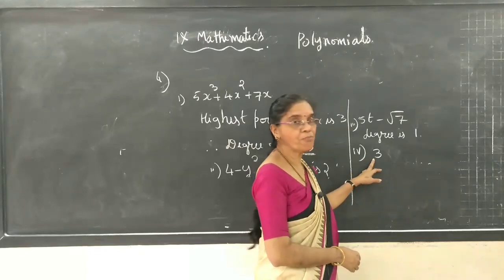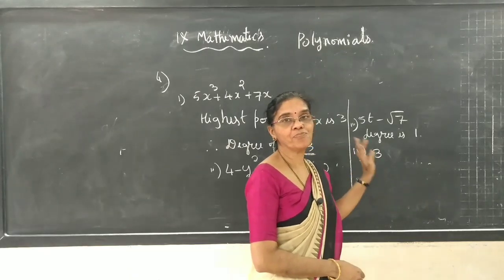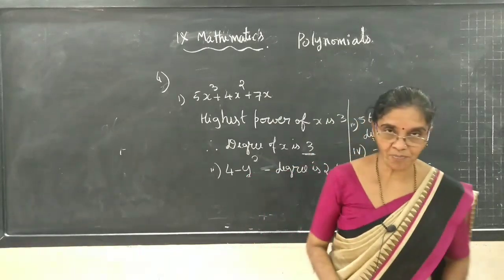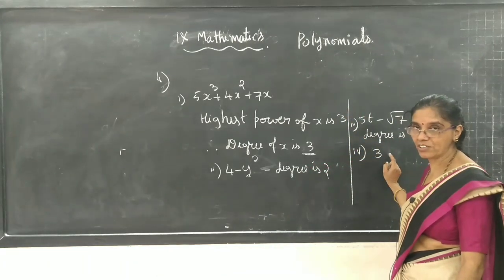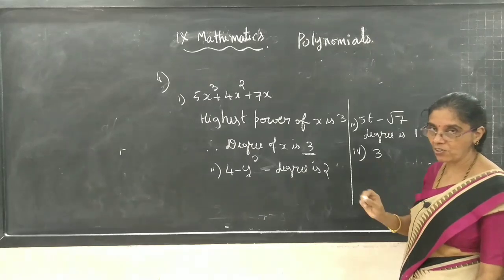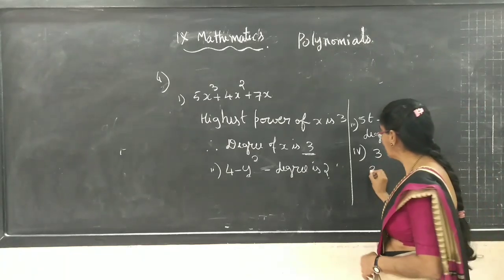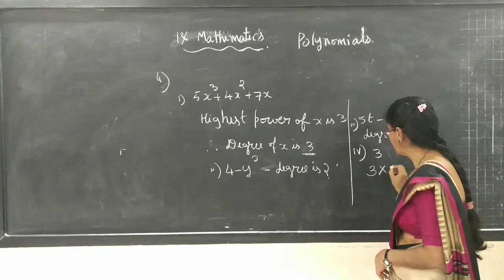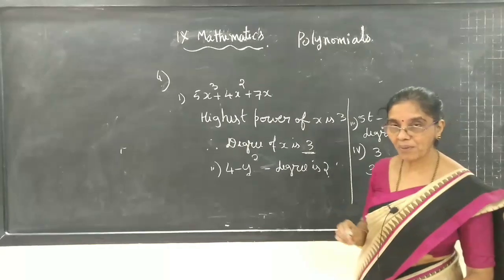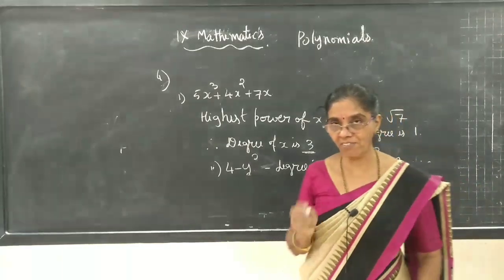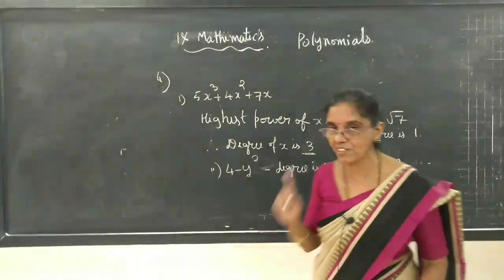And lastly 3. What is the degree of the polynomial 3? Now 3 is a constant. You cannot see any variable here, right? There is no x, no y. So if I take it, write 3 as 3 into some variable, say x to the power of 0, right? Any variable to the power of 0 is always 1.